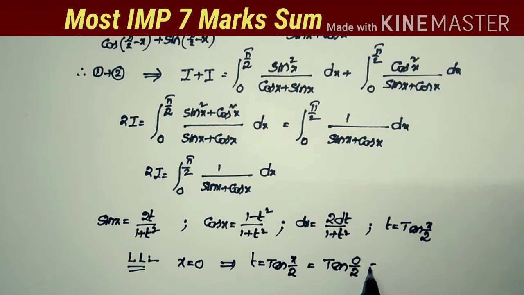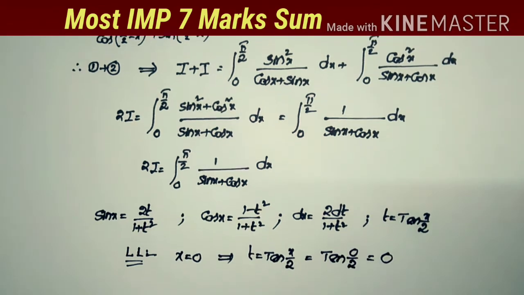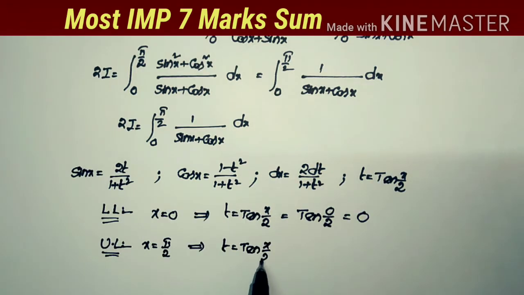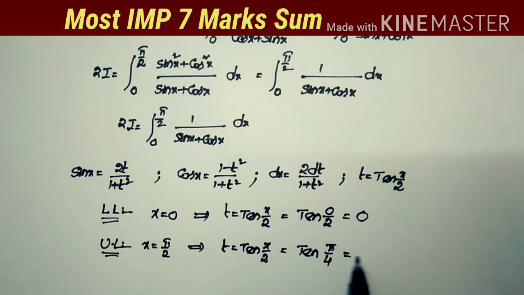Tan 0 by 2 is equal to 0. So this is the first answer. And upper limit value, x is equal to pi by 2. Now substituting this value in t equal to tan x by 2. So this is equal to tan (pi by 2 by 2), 90 by 2, that is 45, pi by 4, and tan pi by 4 is equal to 1.